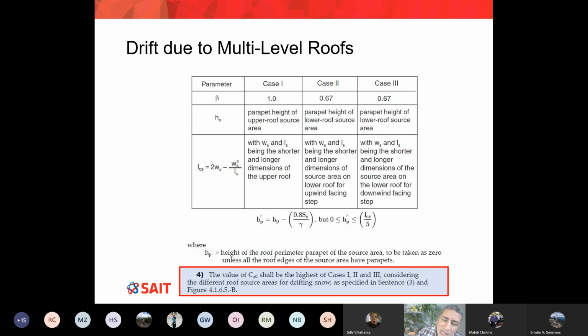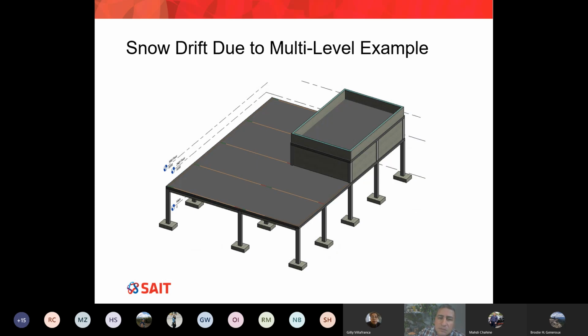Okay, I know things right now are not easy. Oh my God, it's just too much, it's difficult. So let me show you an example. So guys, here is a 3D view, and hopefully this picture is better than what is provided by the code. I built a quick Revit model to show you my idea.